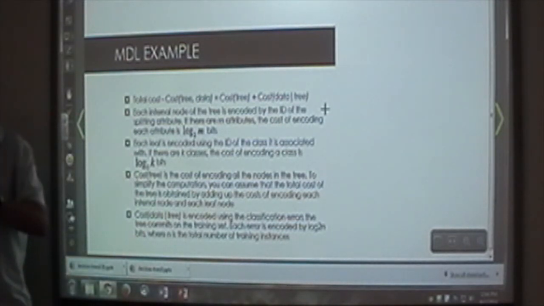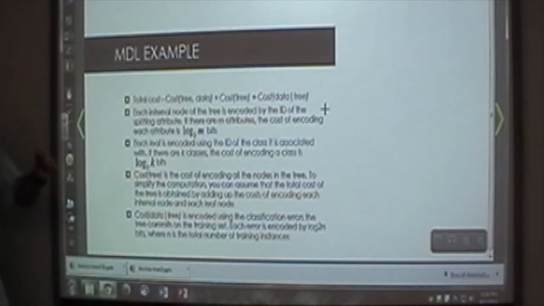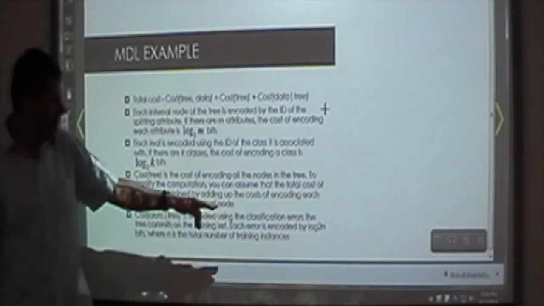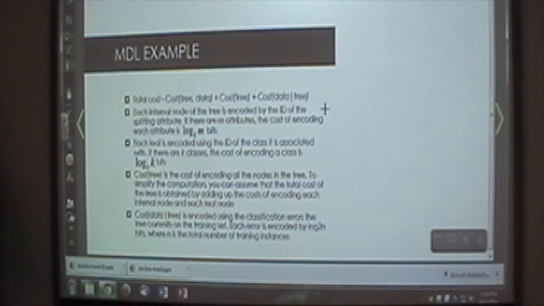So that's just a simplification. And then now we're going to encode using the classification errors at the end. The one had 7, the other had 4. Each error is encoded by log base 2 of n bits, where n is the number of training instances.